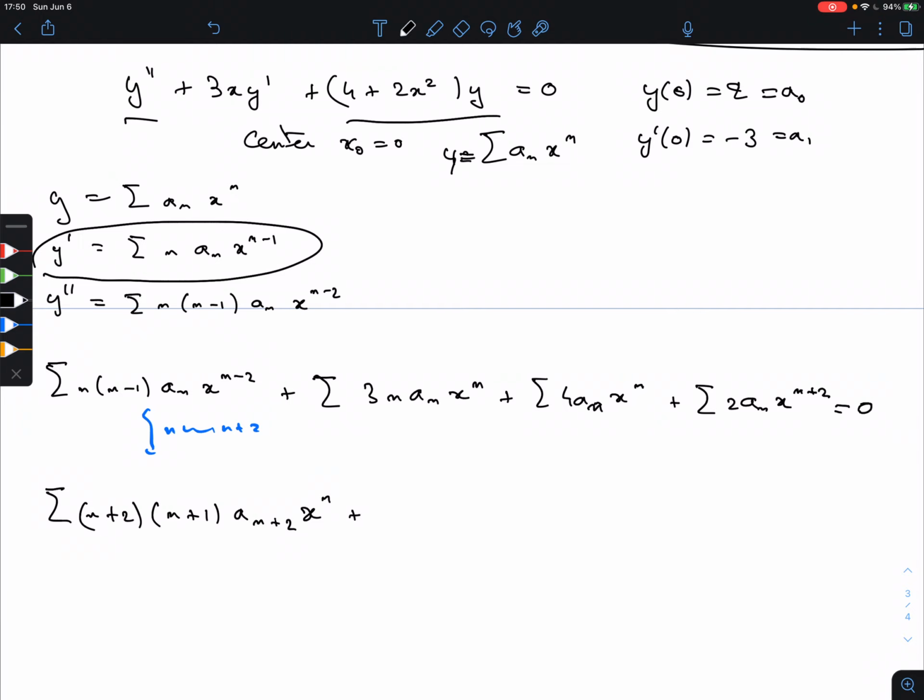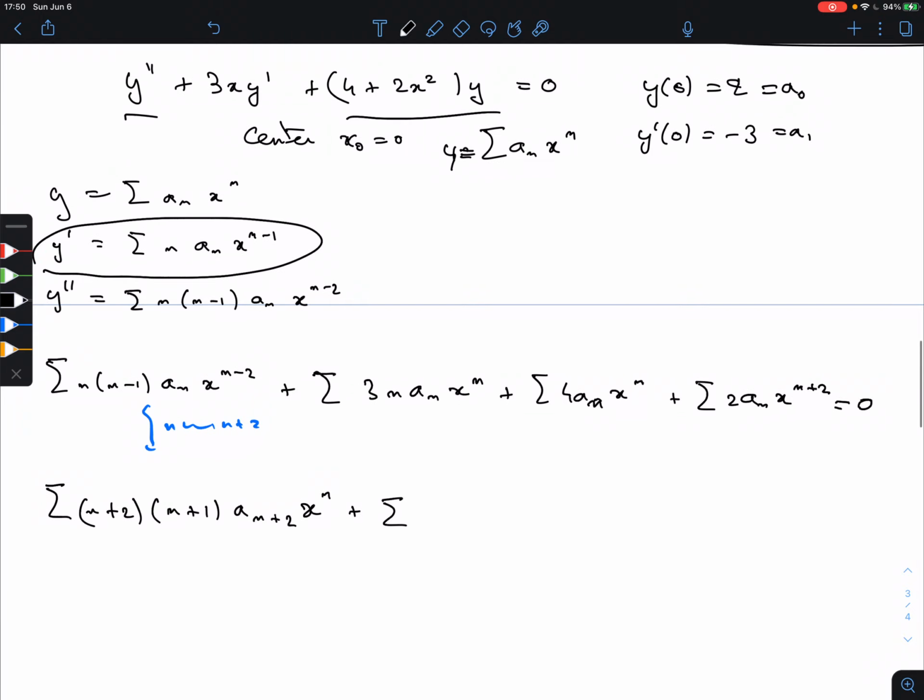Plus these two, we have already seen they are fine, so I'm just going to combine them. And then this one, what do we need to do here? This is a different shift, a shift in the opposite direction. Here we have to do n minus 2. And we know that this will affect our bound.